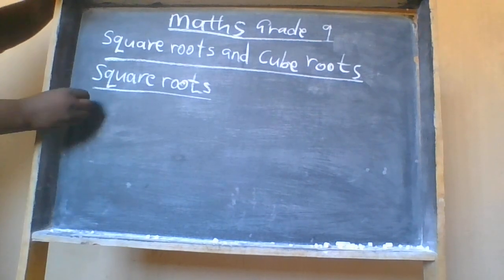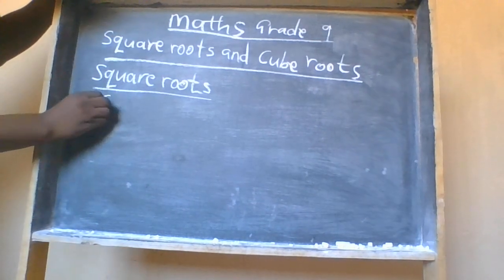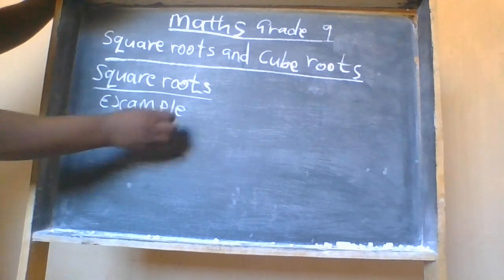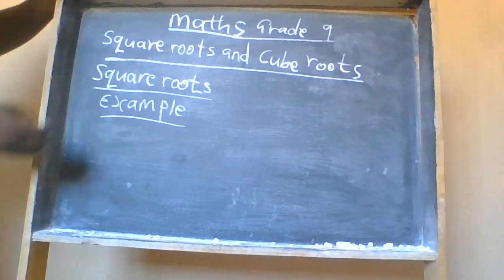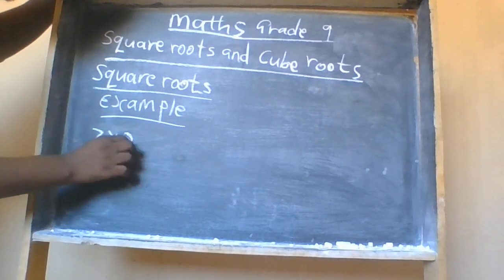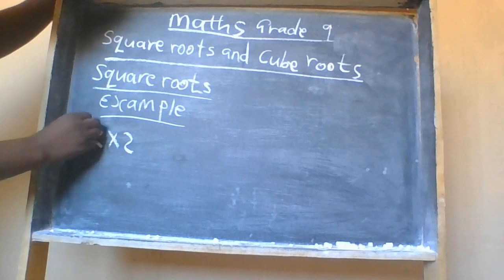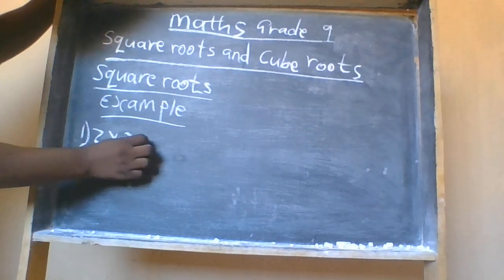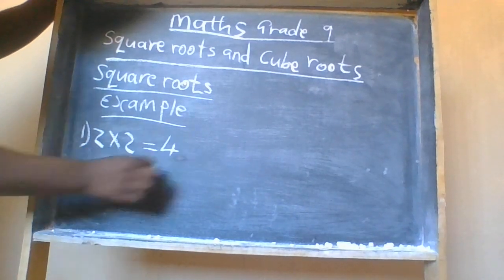For example, we can say 2 times 2. This is example 1. You can say 2 times 2, which is going to give us 4.